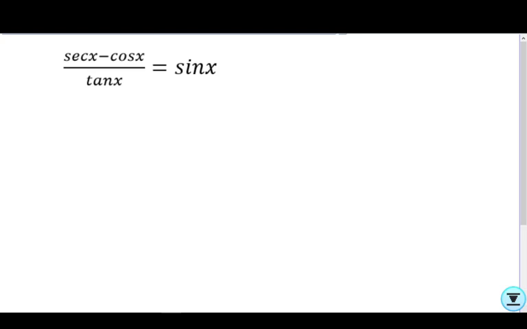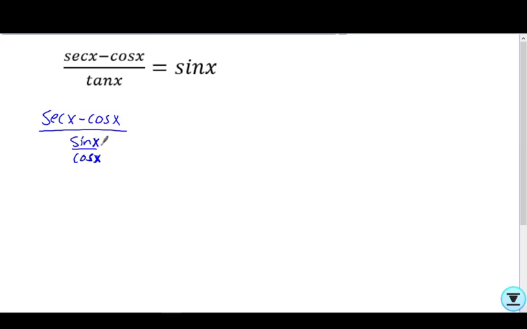If I work it basically how my students would work it, the first thing they would probably do is change tangent to sine over cosine. So secant x minus cosine x over sine x over cosine x.